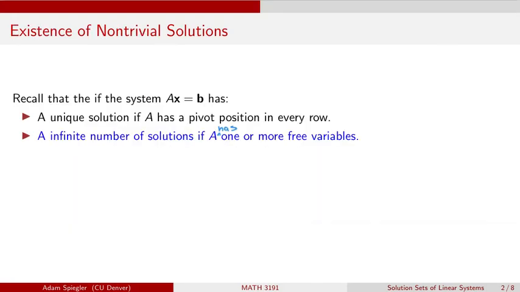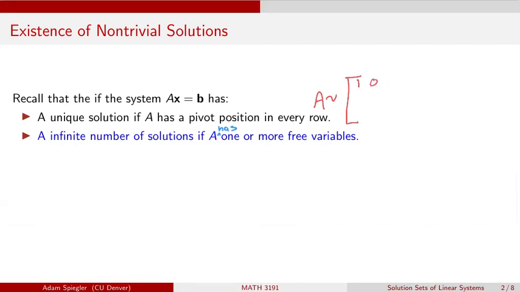So how can we determine whether a system of linear equations in general, even if we don't have a homogeneous system, so we have an equation Ax equals b, whether b is 0 or something else? Recall that this system is going to have a unique solution if A has a pivot position in every row.